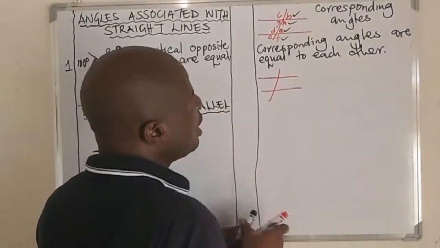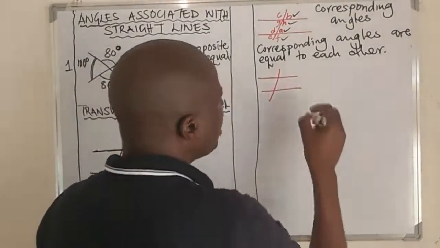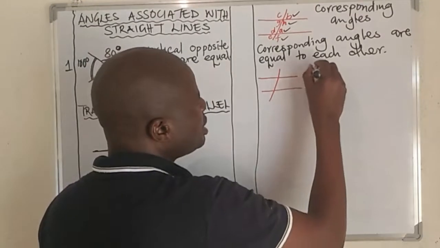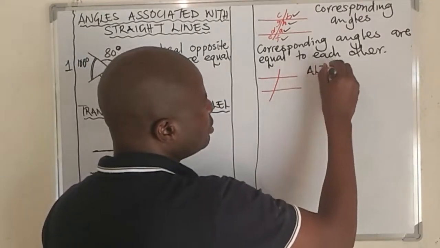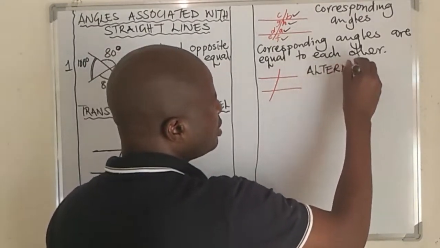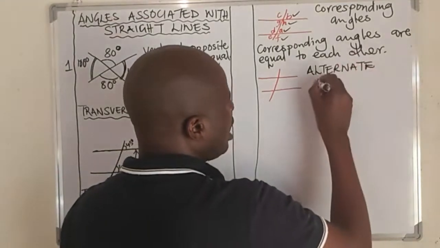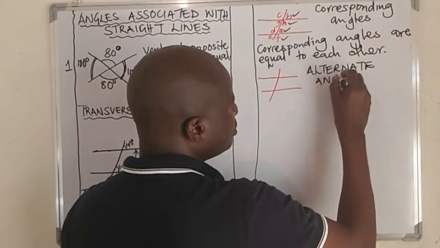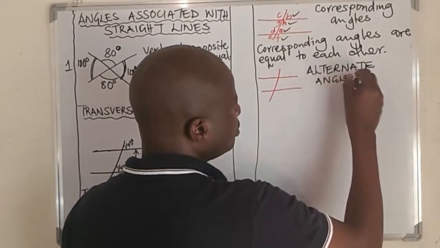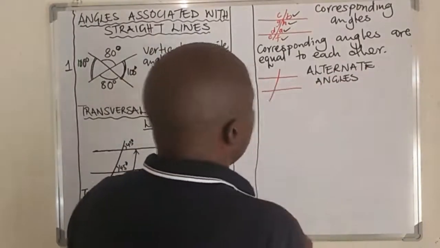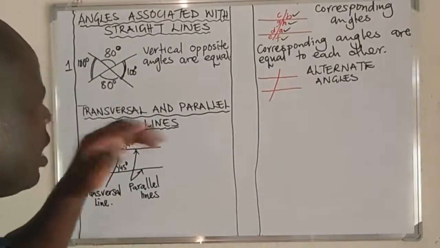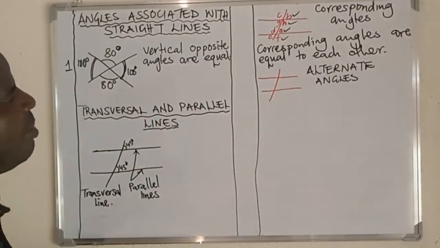Here we are trying to figure out about alternate angles. So what is the property of alternate angles?